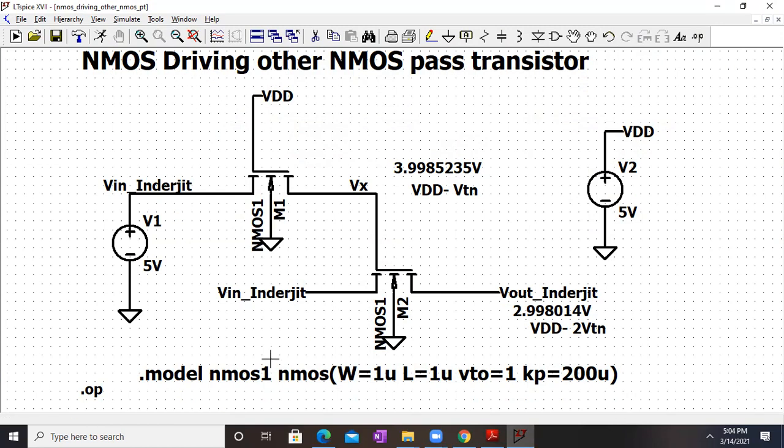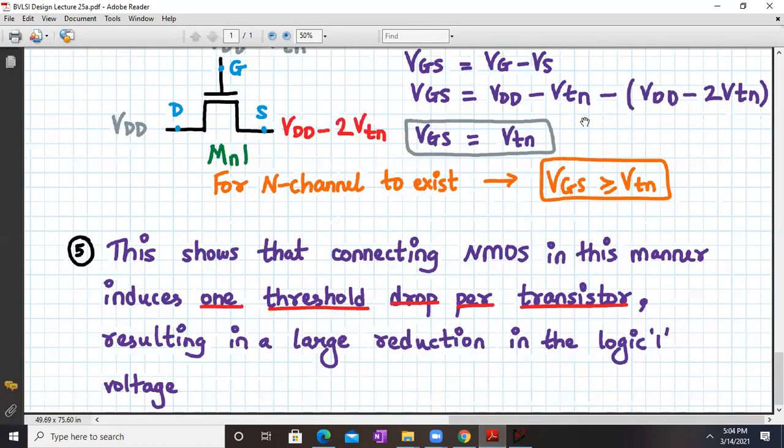I hope this is clear: why, if we apply logic 1, the output Vx of the first N pass transistor is VDD minus VTN, and how the Vout value is VDD minus twice VTN.